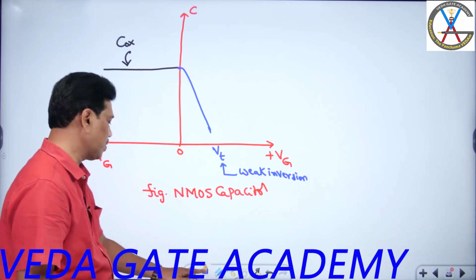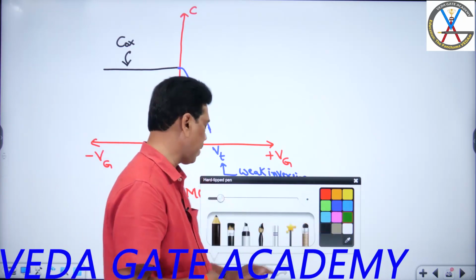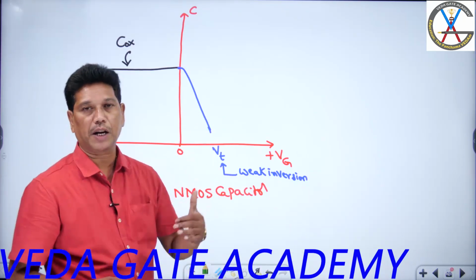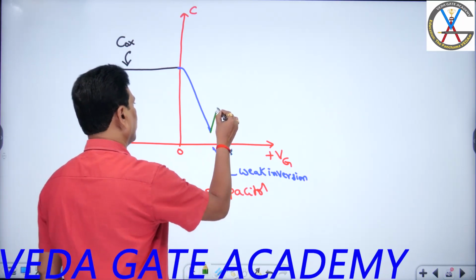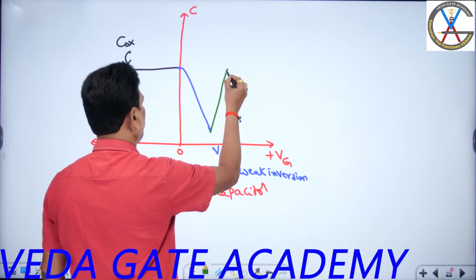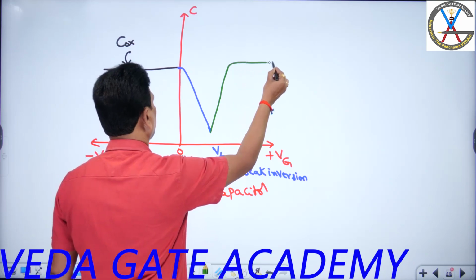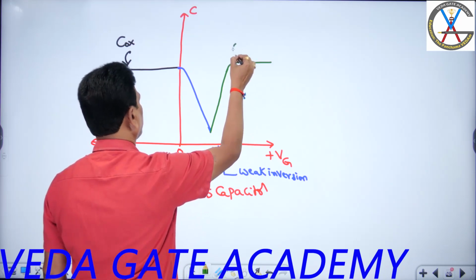Once that inversion region is formed, the effect of the barrier capacitance decreases, then the resultant capacitance increases, I told, students. And once you go for strong inversion, the capacitance again becomes maximum and constant. So this area is called strong inversion.